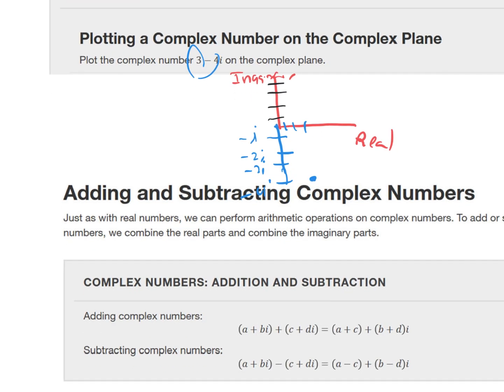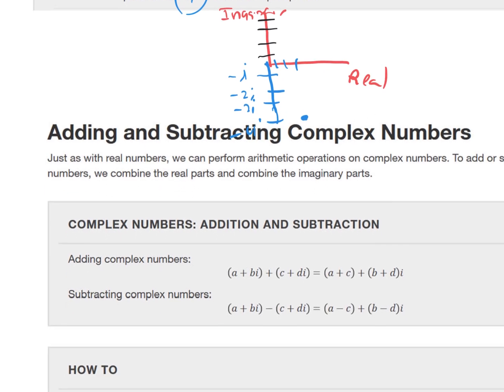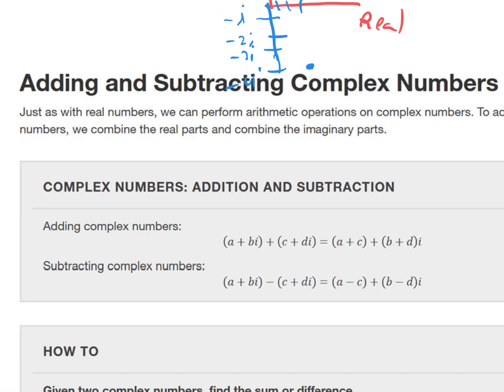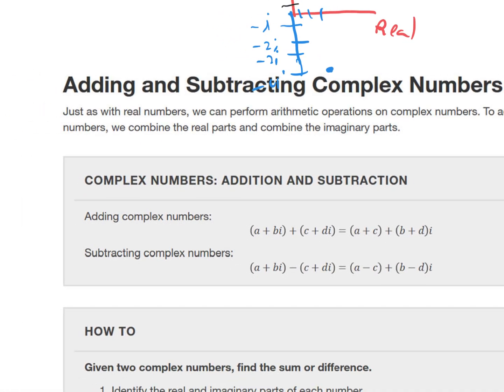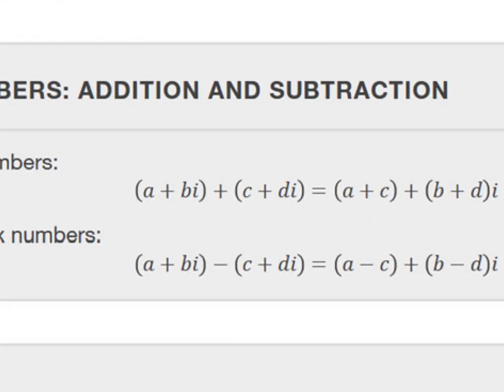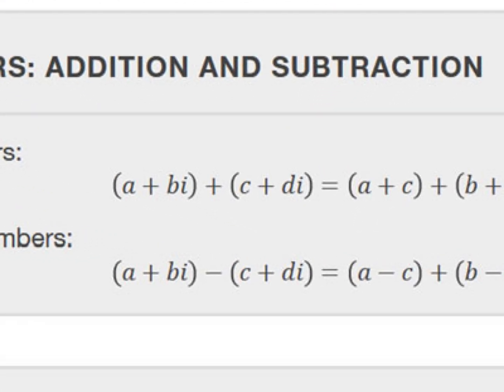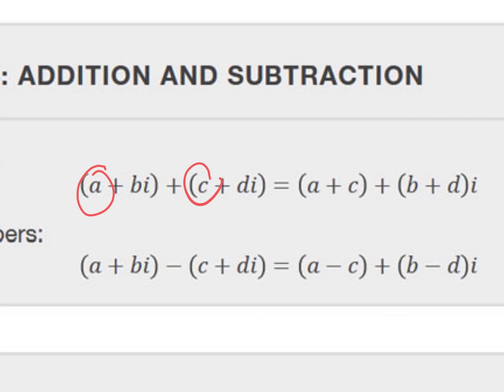It's just something different. How do we add and subtract complex numbers? You've heard of like terms. You add and subtract like terms. It's the same thing. So if you were adding two complex numbers, a plus bi and c plus di, which of these terms are the same type? Well, a goes with c. So you can see why I would add a to c.